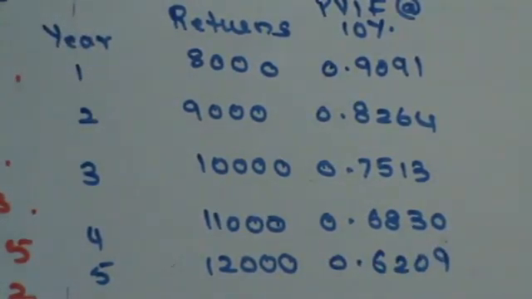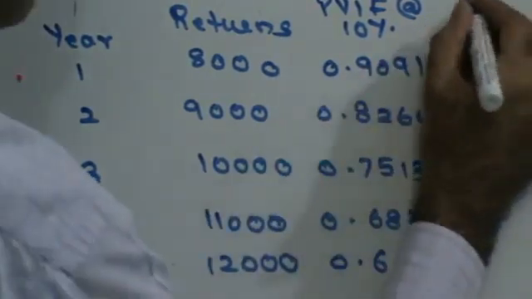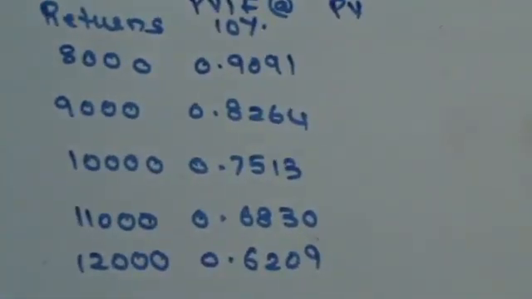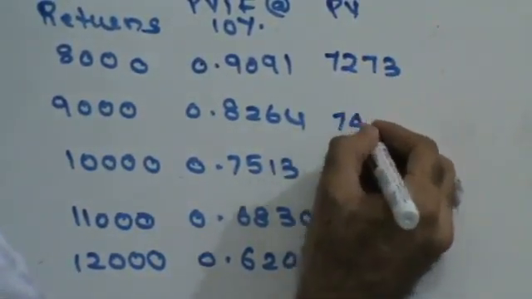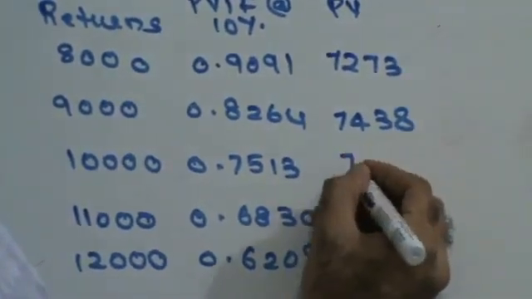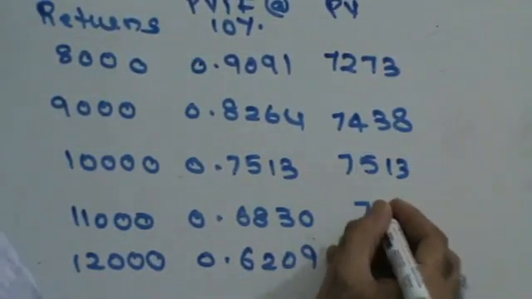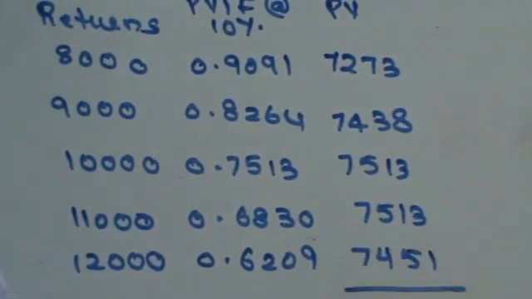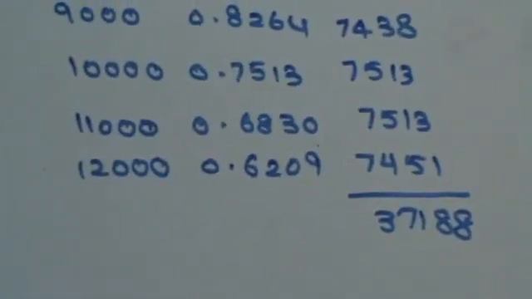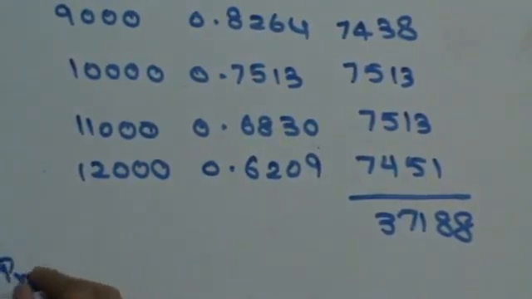Now I can find out my present value. Present value is going to be 7,273, 7,438, 7,513, 7,451 and so on. When you add all this, you will get 37,188.